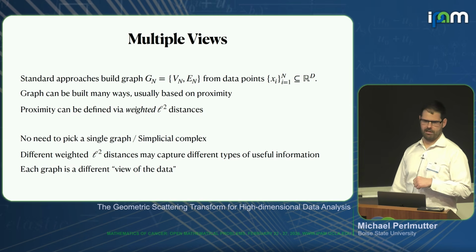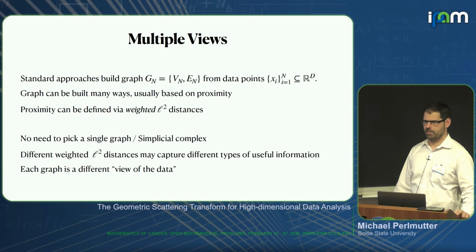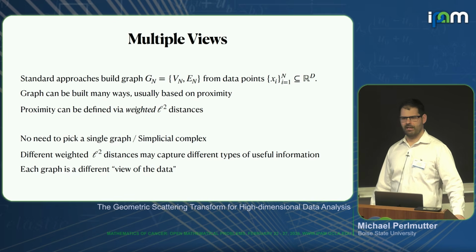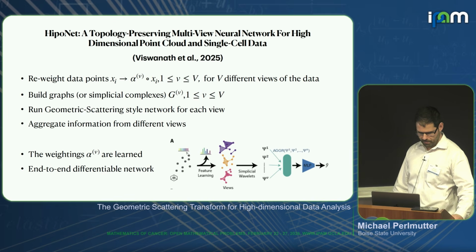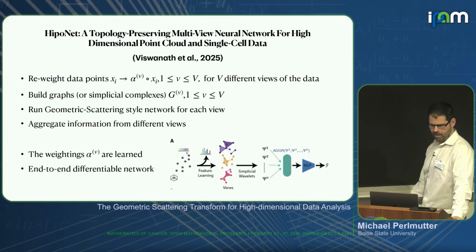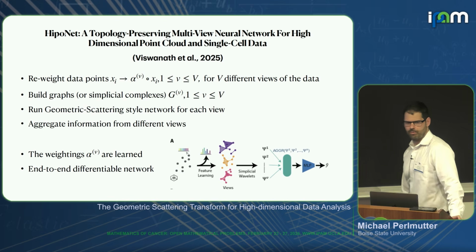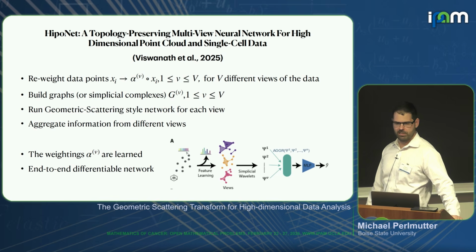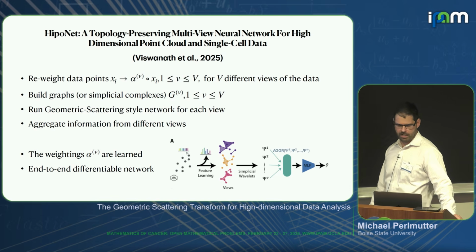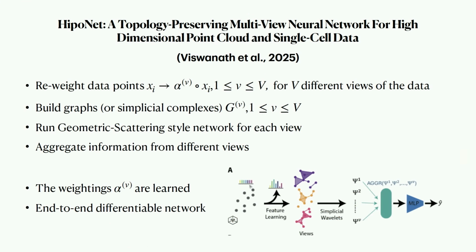It's not directly related to feature importance in a classical sense, but it's highlighting different features in different views. And then we're able to develop a scattering-based network that does this. In the case where we use those reweighted features to build simplicial complexes, we have a custom VR filtration that we're able to differentiate through, leading to an end-to-end differentiable network.